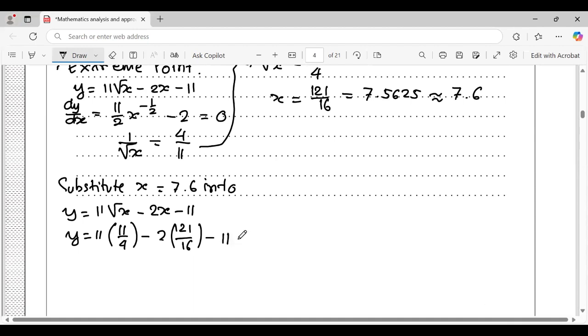If you calculate, the result is 4.125. So the extreme point is 7.6, 4.1, rounded off. Okay, now we sketch.